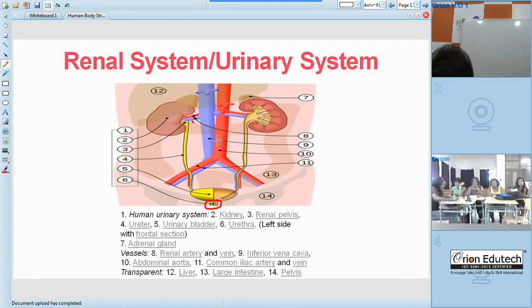The ninth one is the inferior vena cava. And this red one is the abdominal aorta. This red one is a common iliac artery, and the blue one is a vein.